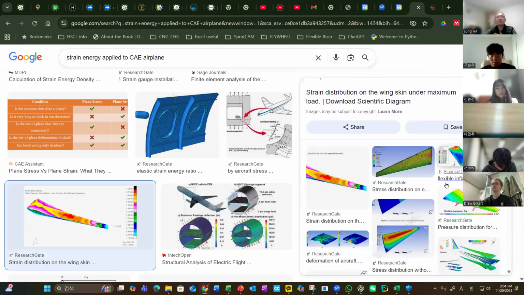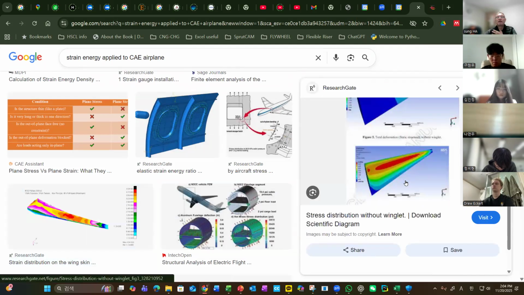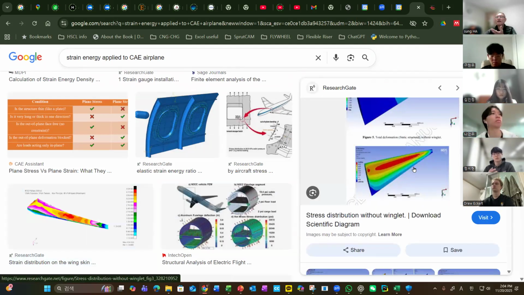You can solve all of it, and the colors show the deflection, strains, and failure. As a designer, what we need to do is define the shape, thickness, and material. We get the stress, we get the safety, right?